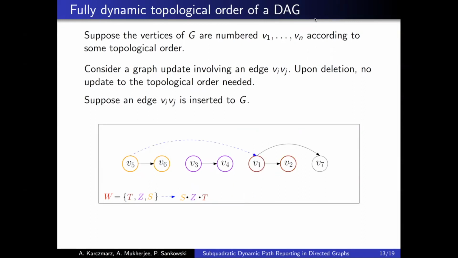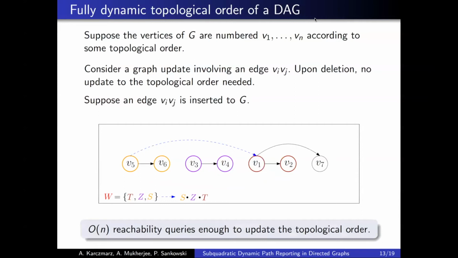So we obtained the new topological order by doing this rearrangement. Importantly, only order n reachability queries are required to detect the sets S, Z, and T and to update the topological order.